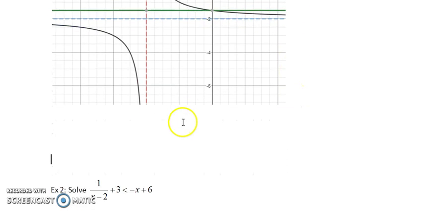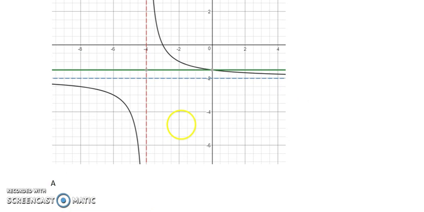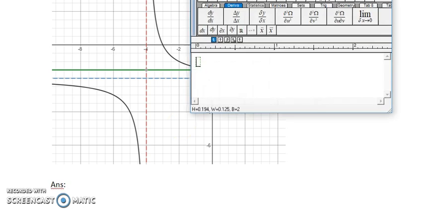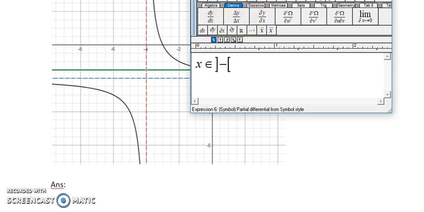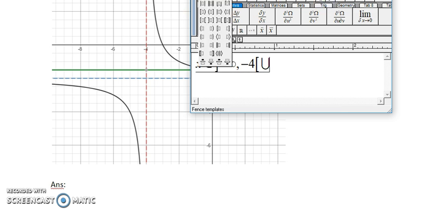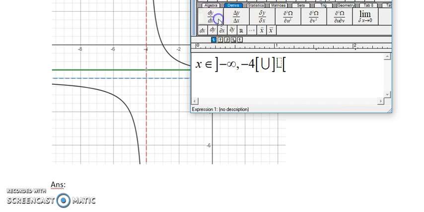So the way I would write my answer is to say that x is an element of that first branch, the entire branch, negative infinity to negative 4, union, and then excluding that point where they're equal, 0, the intersection point, until infinity.